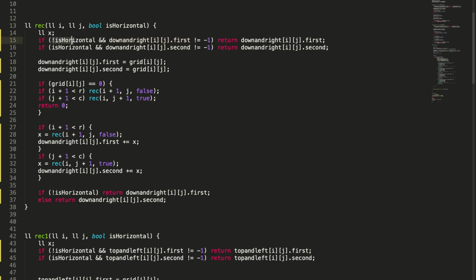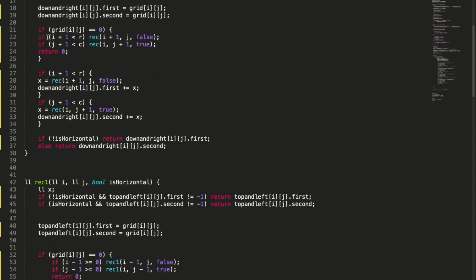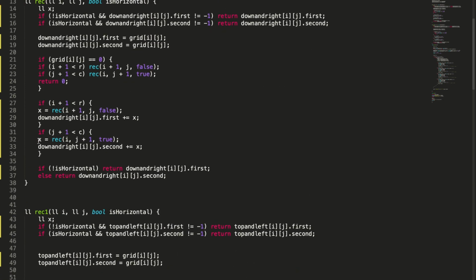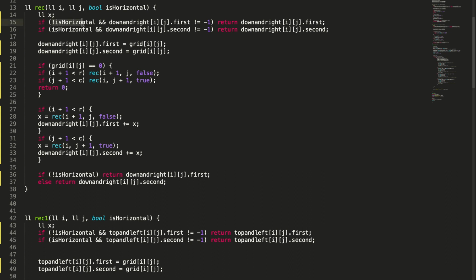The first one represents the value down, the total number of consecutive ones to the down of that cell. So if the flag is not horizontal, it means that I have to return the total number of ones to the down of that cell, and so I will return it here. The same is for this: if the flag is true, it means I have to give the total number of ones to the right of that cell, including that cell, and so I will return this here.